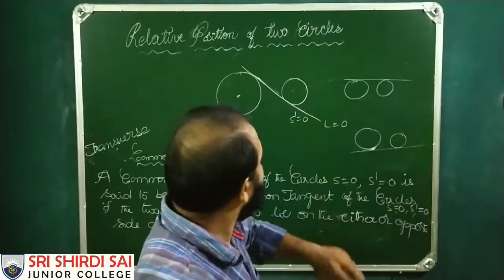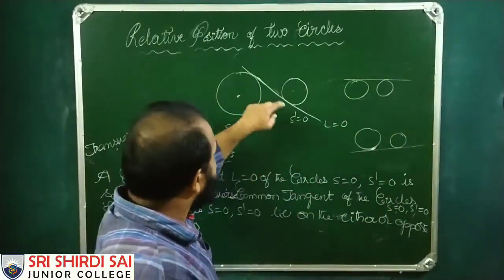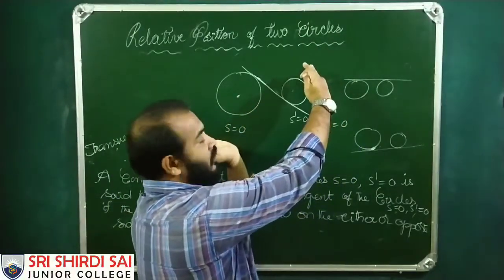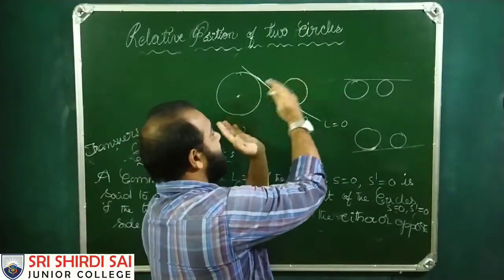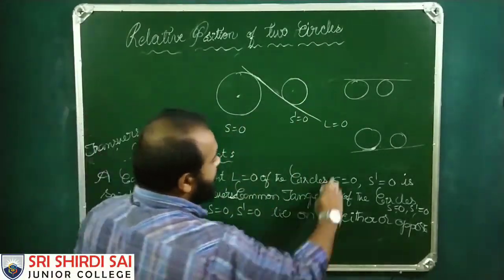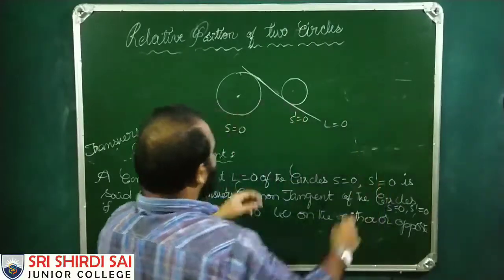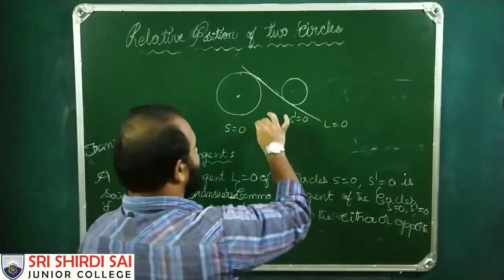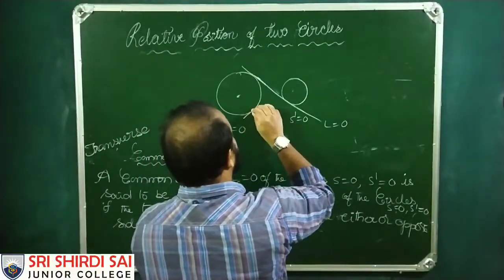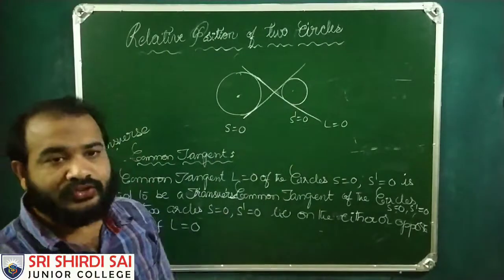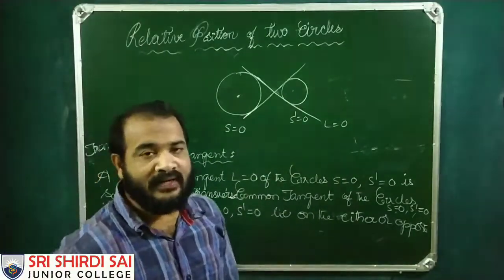But here these two circles lie on either side of L equals 0. So such tangents are said to be transverse common tangents. Not only this, if I take another situation like this, this is also a transverse common tangent.